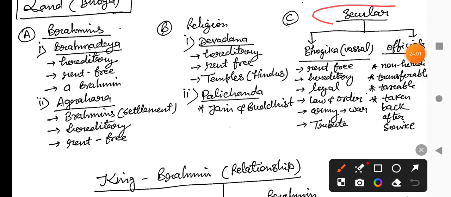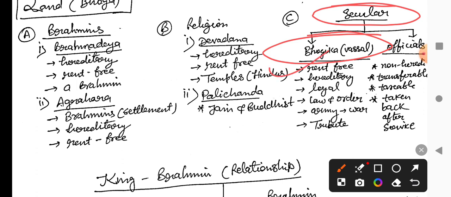And in secularity, that means bhog vassal controlled. Bhog is controlled by vassals, and these are also rent free, hereditary, loyal to the state. Law and order will be maintained by these vassals.